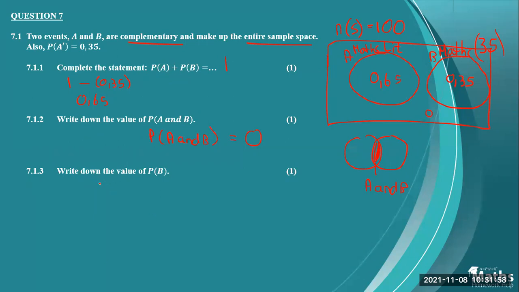Then they say, write down the probability of B. So you have to work with what was given. B is going to be literally that which is not in A. And not in A is 0,35.